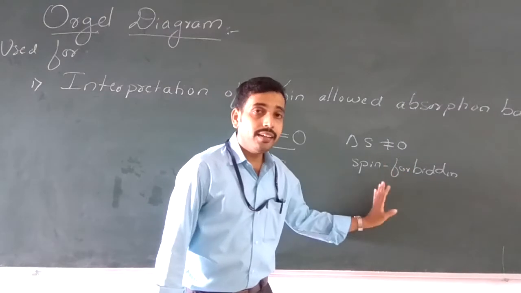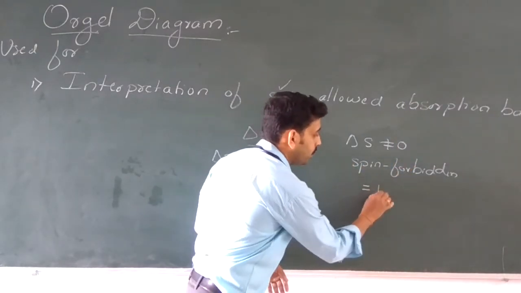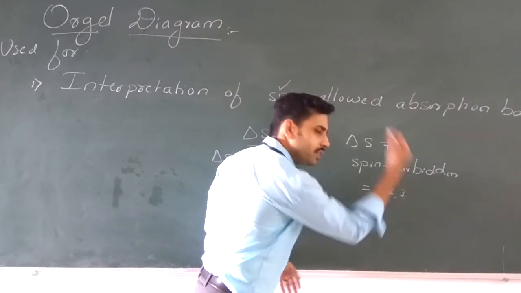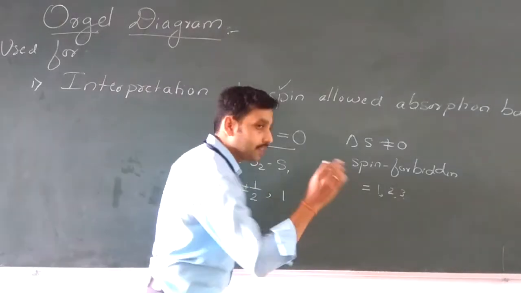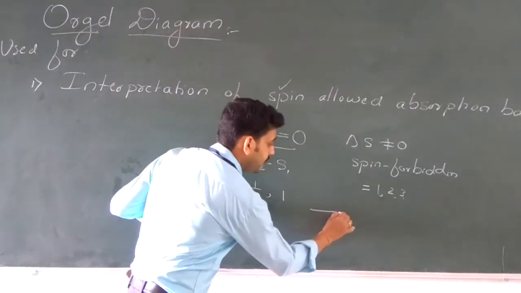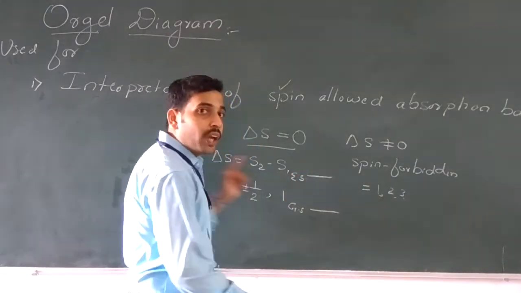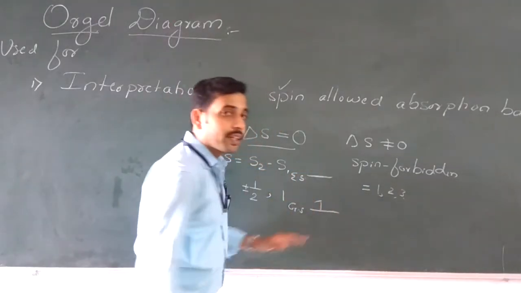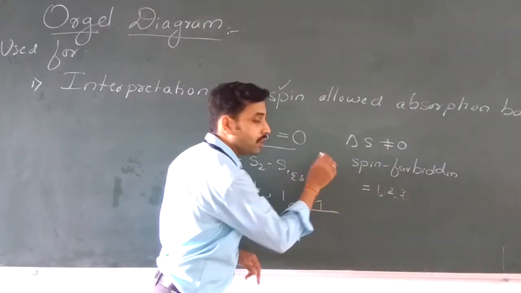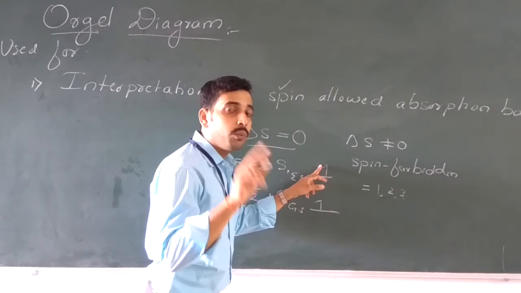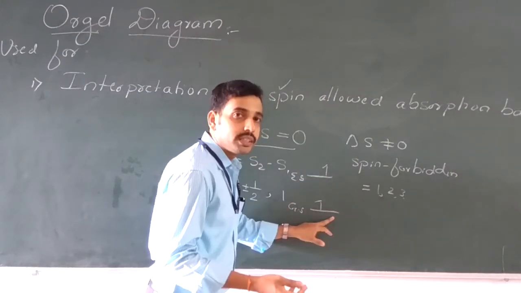Spin forbidden, delta S is not equal to 0. Not equal to 0 means it may be equal to 1 or 2 or 3, any one. For example, in the ground state, one electron in the ground energy level is excited to the higher energy level, and in the higher energy level there is only one electron. In that case, S2 minus S1 is equal to 0.